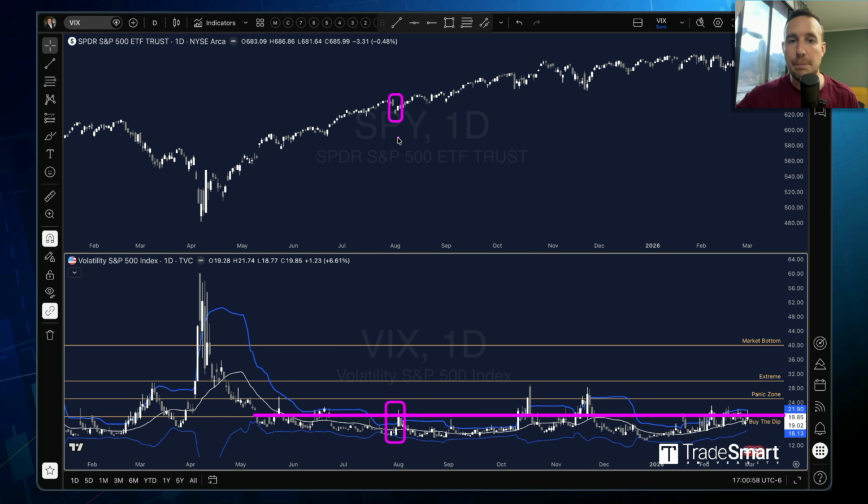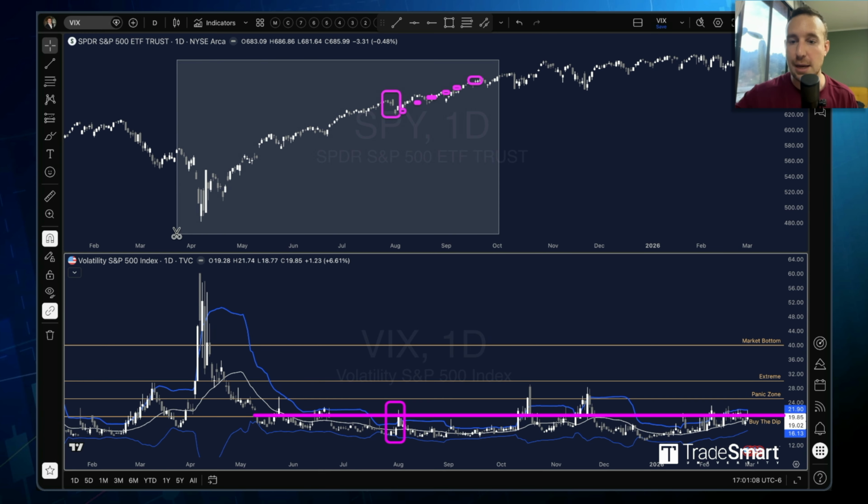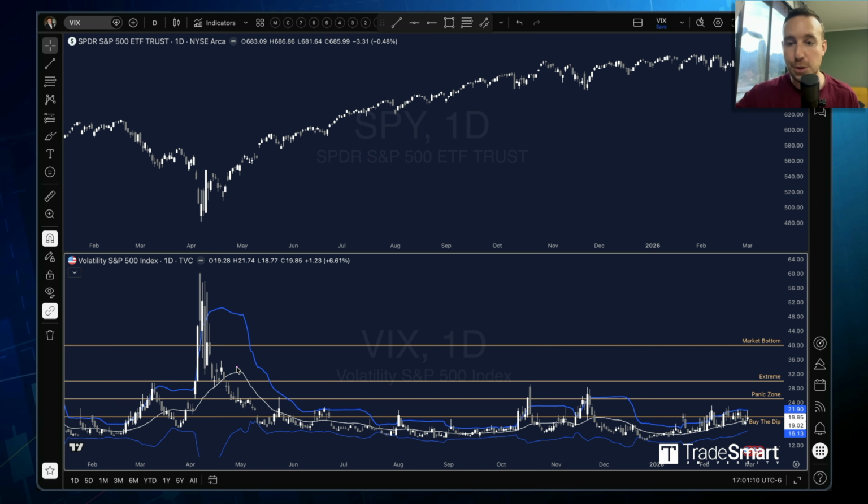That tends to mark a buy the dip situation where we're not worried about the market continuing to roll over and fall down, but rather it's just a short-term pullback that we can buy for a continued move to the upside. However, when we see larger moves in the VIX, especially sustained moves to 25, 30 and beyond, that is what coincides with a larger downward move in the market. And that's where we need to be careful.